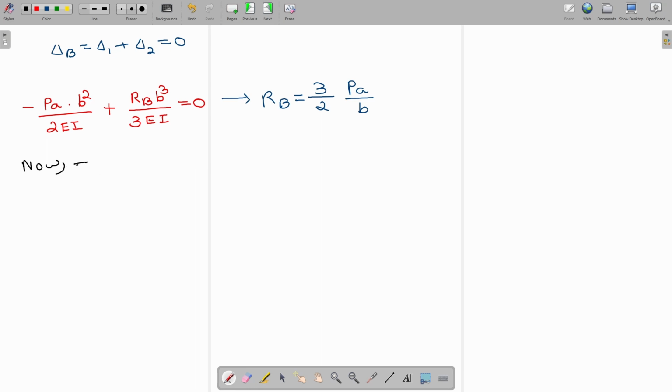Taking summation of moment about MA is equal to RB into B minus PA.